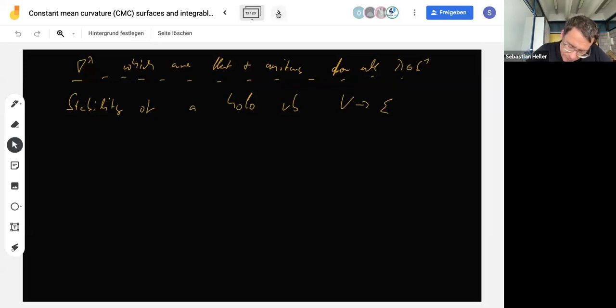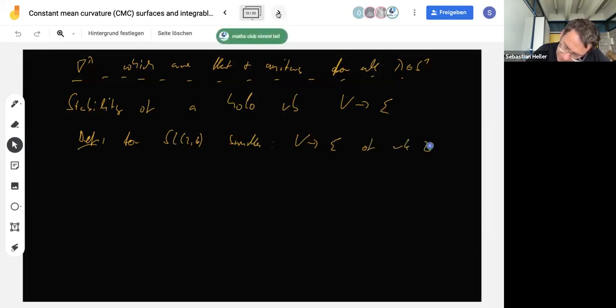So in the rank 2 definition only for SL2C bundles, so rank 2 bundles V over sigma with the property that the determinant bundle, or likewise the degree of V, is 0.